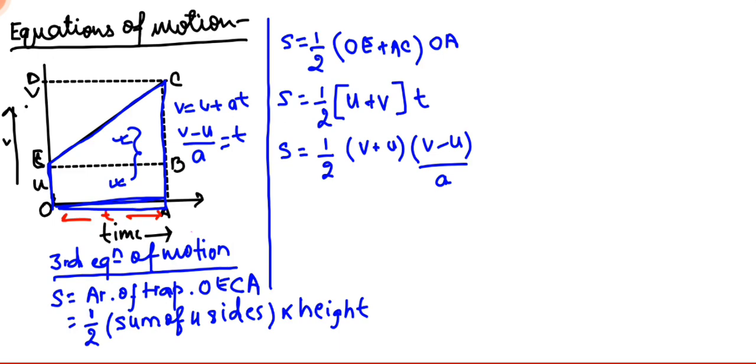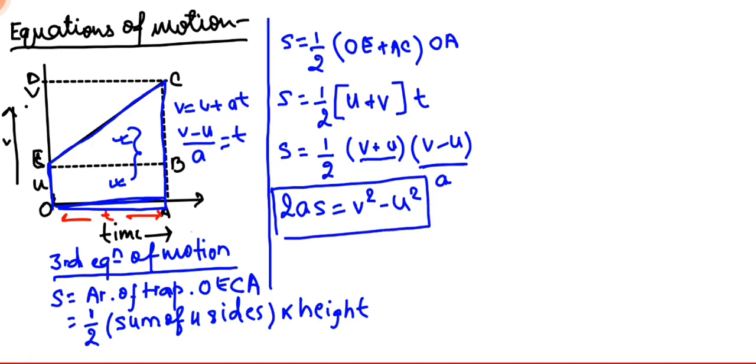If we shift it to the left hand side, we get 2AS is equal to A plus B into A minus B, which is A square minus B square, that is V square minus U square. So we get the third equation of motion from here, that is 2AS is equal to V square minus U square.